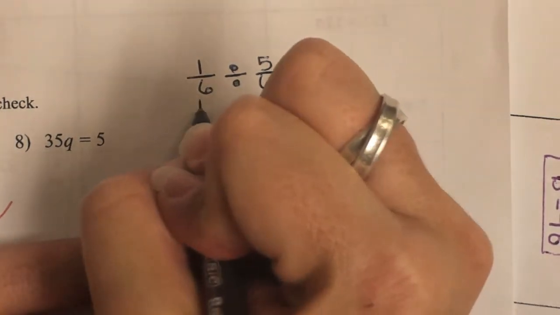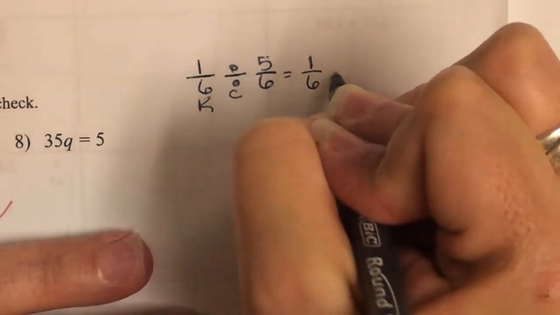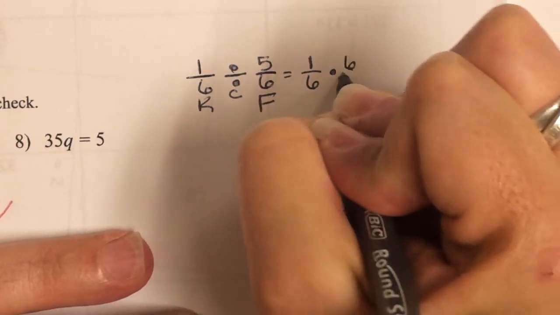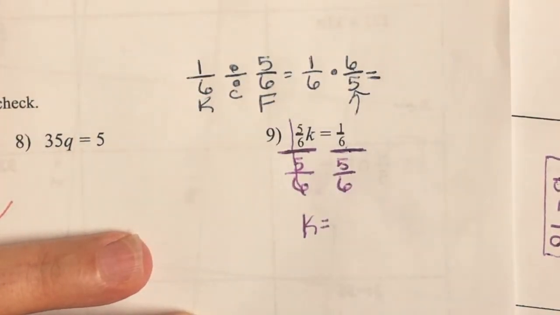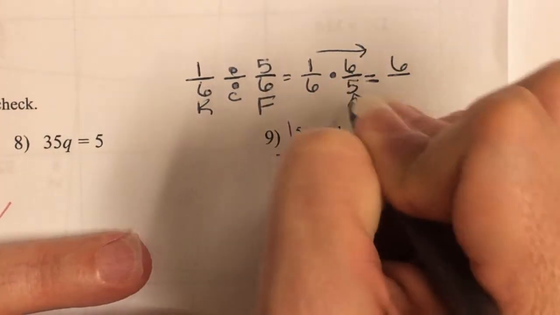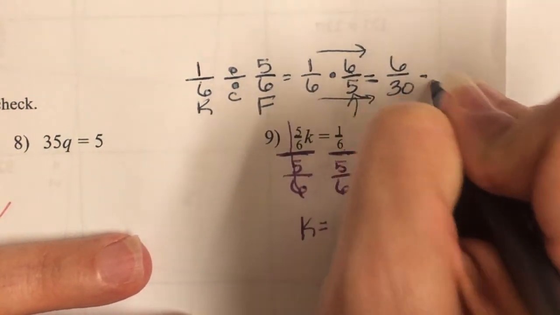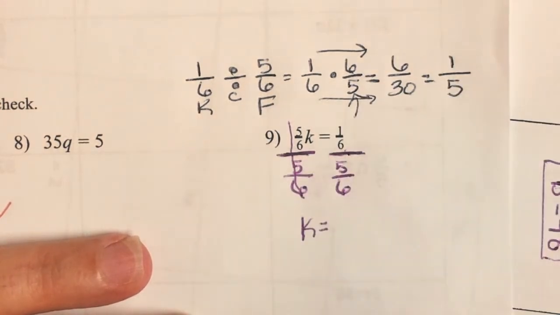So, if we keep 1/6, change to multiply, and flip that thing over to 6/5, okay, now we get to multiply straight across. We get 6 over 30, and 6 goes into 6 once, 6 goes into 30 five times.